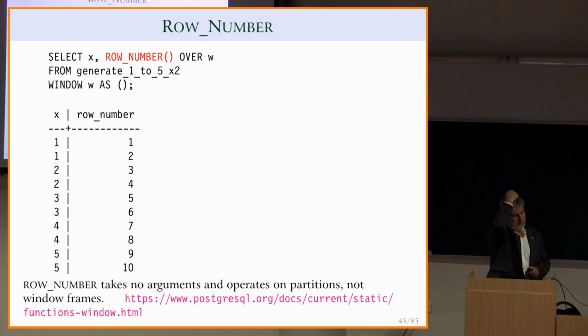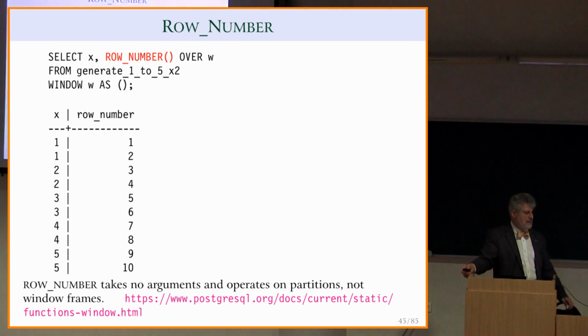So, the first function is called row number. It literally just numbers the rows in the window, in the frame, and in fact I'm just taking my original set here, and I'm just calling row number, and it's just going 1 to 10. Row number doesn't take any arguments, and it actually operates on partitions.